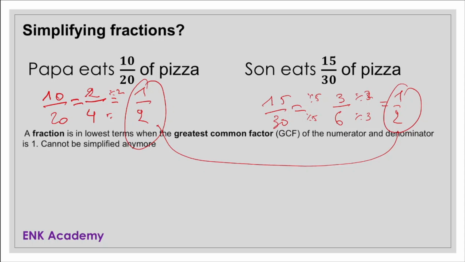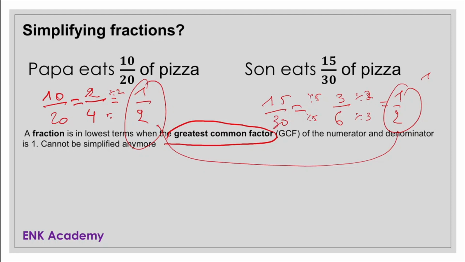So a fraction is in the lowest terms when the greatest common factor, I will explain this one, of the numerator and denominator is 1. That means a fraction cannot be simplified anymore. In this case here, the factors of 1 is 1, the factors of 2 is 1 and 2.